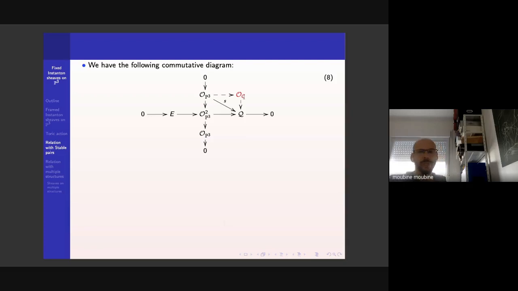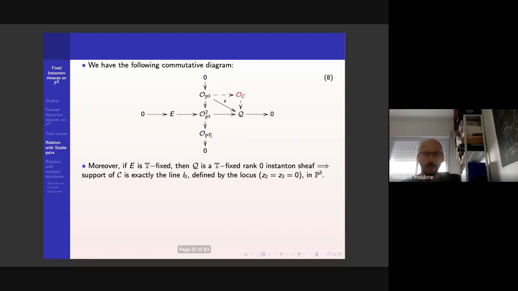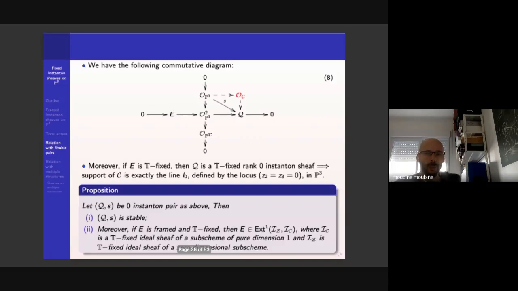And the image of this section will be the structural sheaf of a curve. And then, okay, we know that this curve is supported on this line that I was telling you about before. And one proves actually that the co-kernel of this section is supported on points.